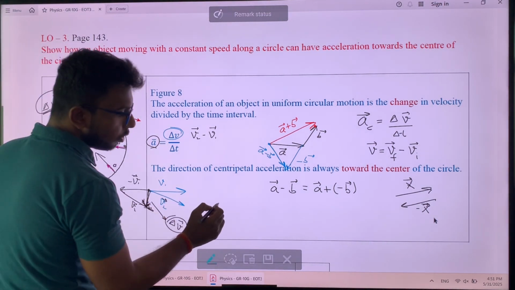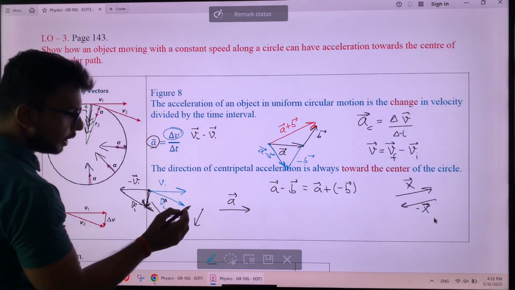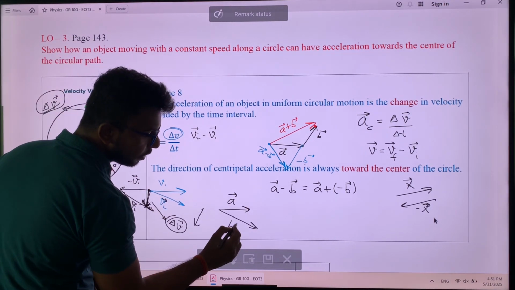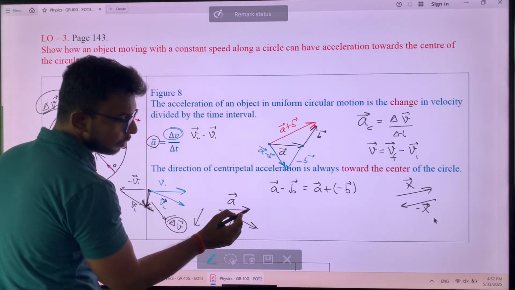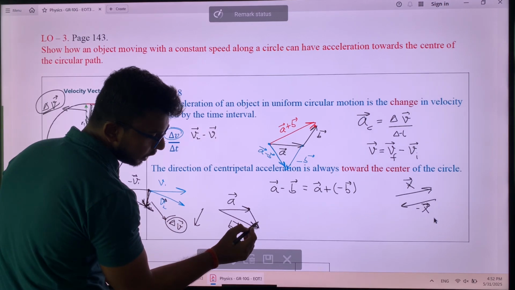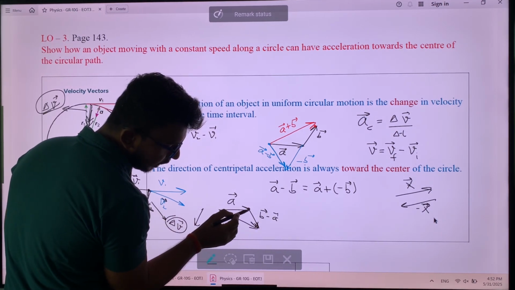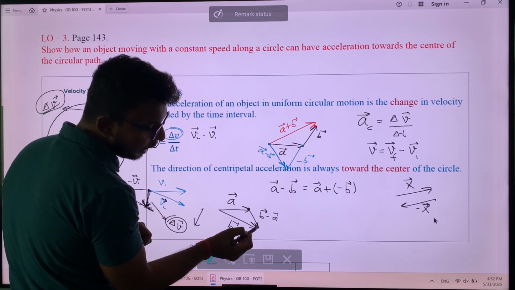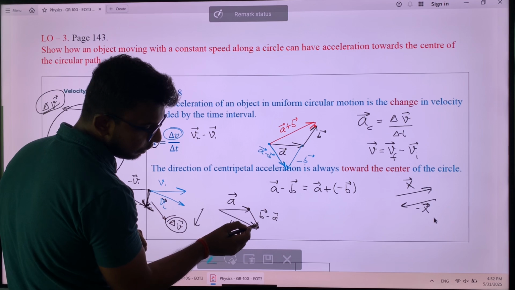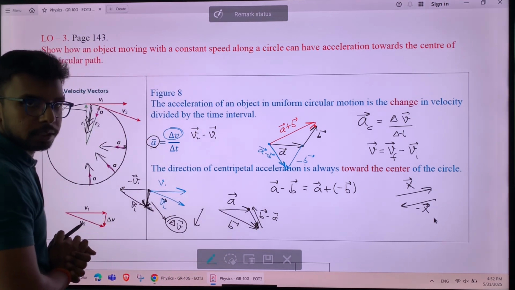In simple words, you can also remember this. If this is vector A and there is another vector B starting from the same point like this, then when I have to represent B minus A, it starts from the vector I am subtracting, and ends at the point here: B minus A. If it was A minus B, it would be opposite, going from here to here.